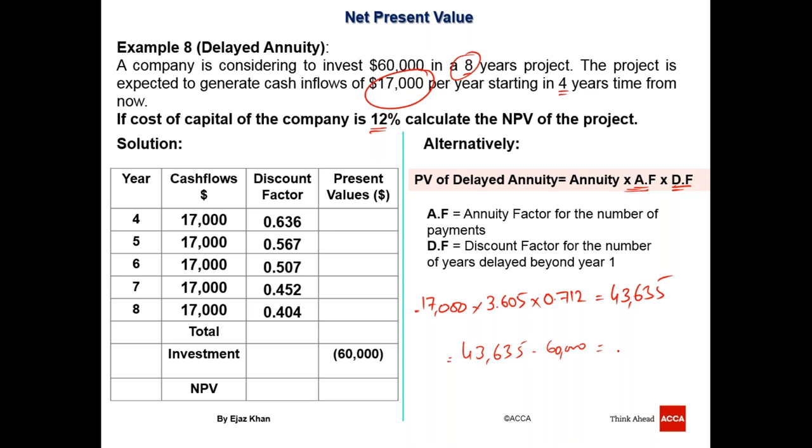So if the company goes ahead with this project, it will be having a negative NPV of 16,365, right? Okay, let's move forward to the next example.